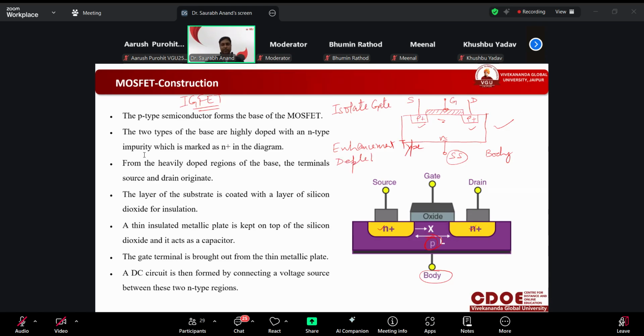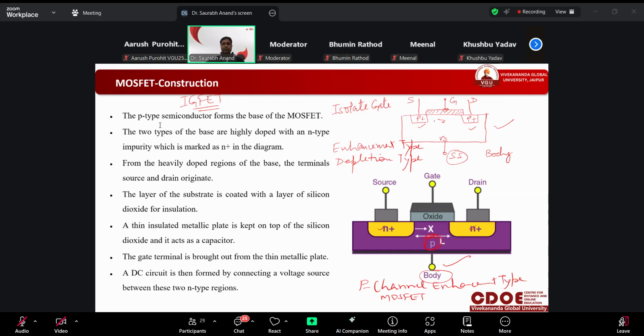Here the channel is of P type, so it is a P channel enhancement type MOSFET.